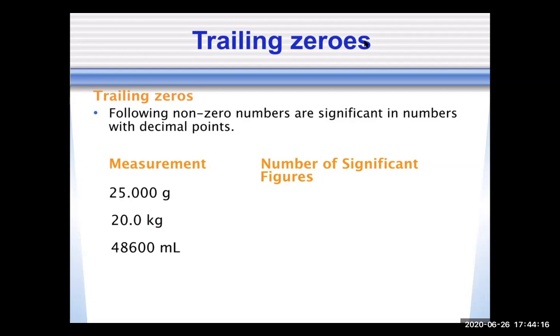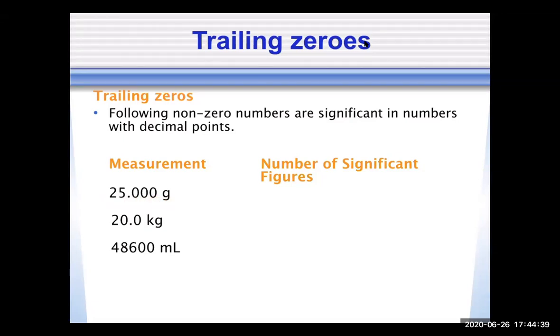So trailing zeros that follow non-zero digits are significant in numbers that have decimal points, but are not significant if you don't have a decimal point. Let's look at these numbers here. We have 25.000 grams.